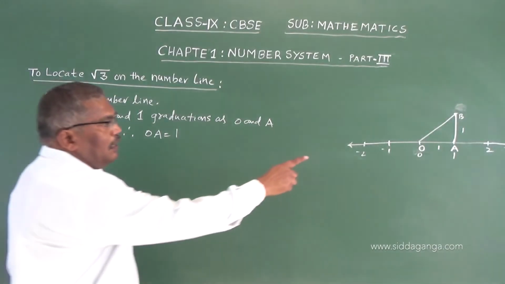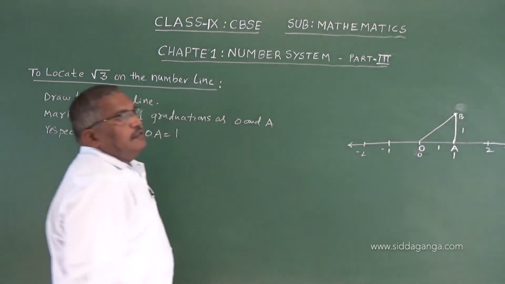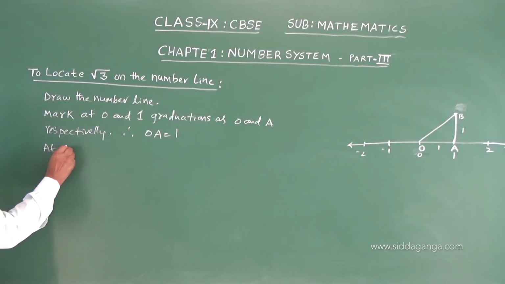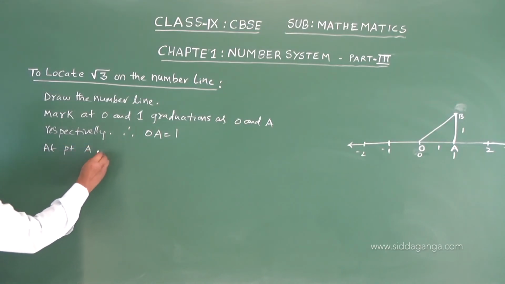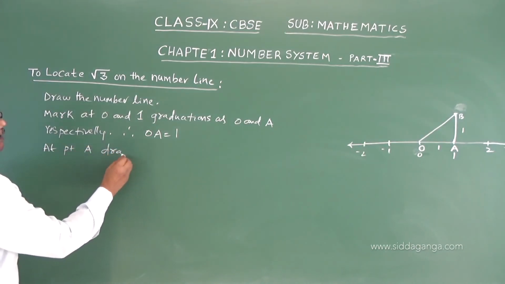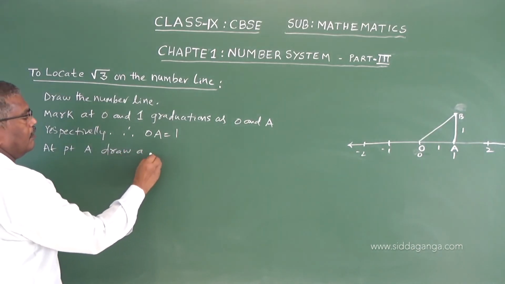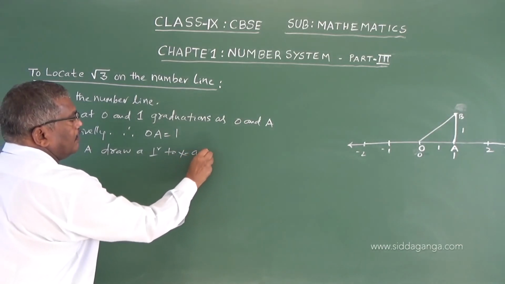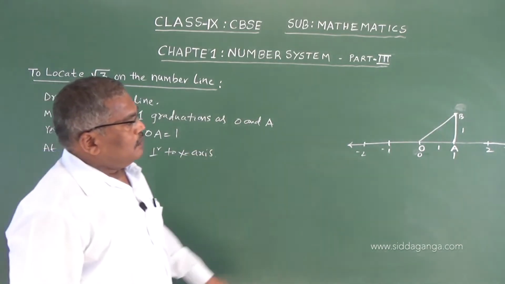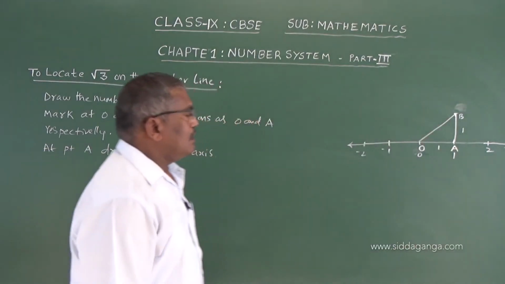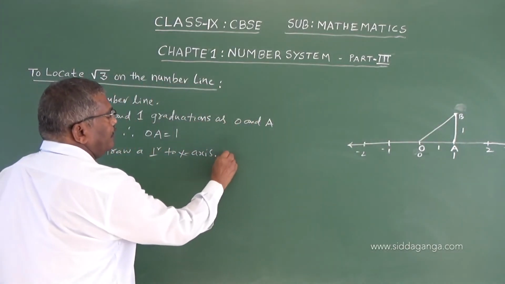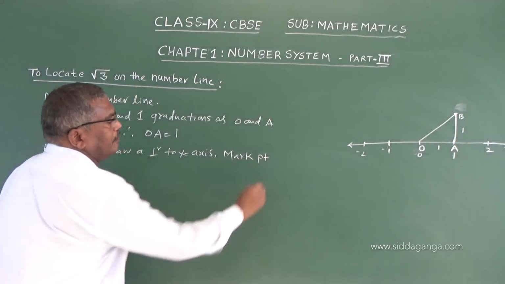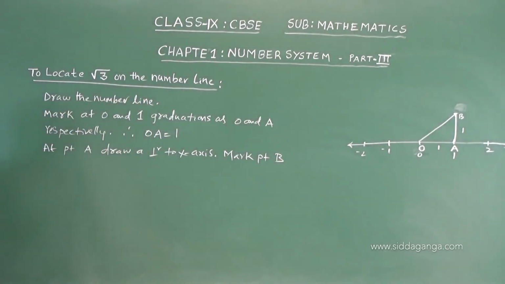Now at A, draw a perpendicular at point A, draw a perpendicular to x-axis. Mark point B. How to mark point B?